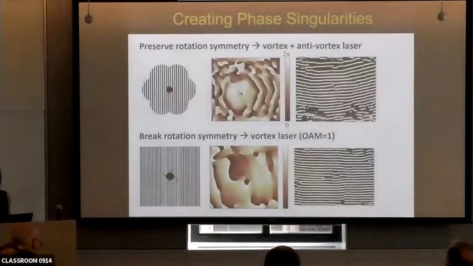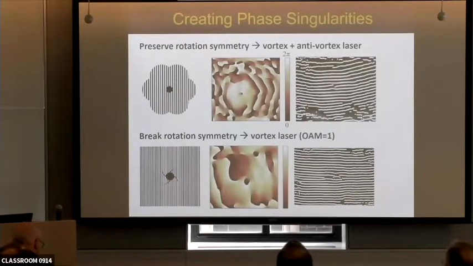Now that we have such a designed system, we can play all kinds of tricks with it. We can make it into different shapes. We can put inside a small defect, and that gives us basically a cavity to produce vortex beams. And we can break the rotation symmetry of that defect. Then we can produce a preferred vorticity instead of vortex and anti-vortex at the same time.